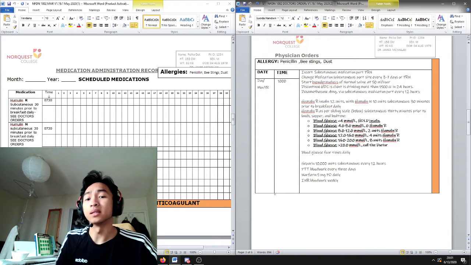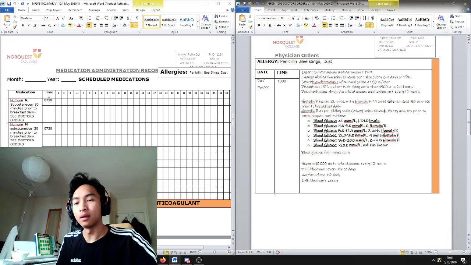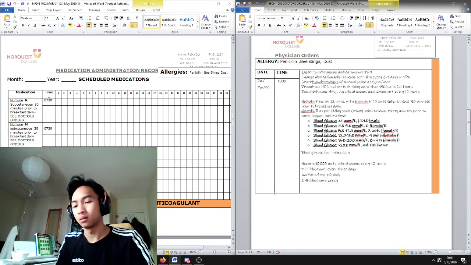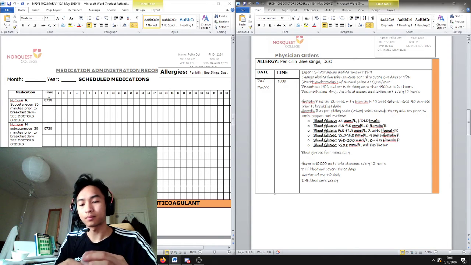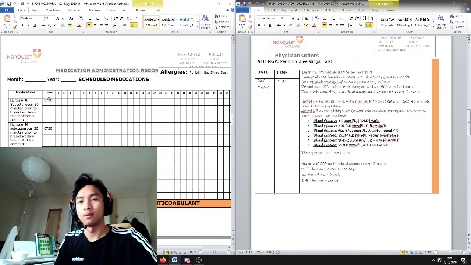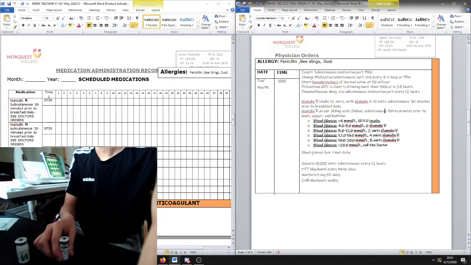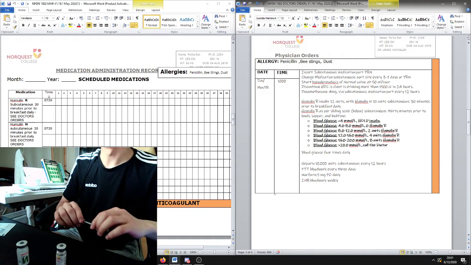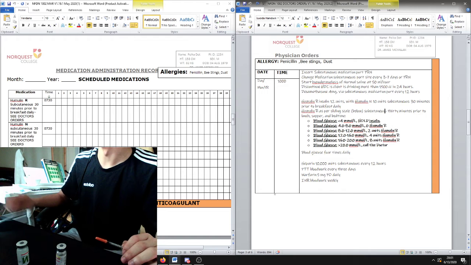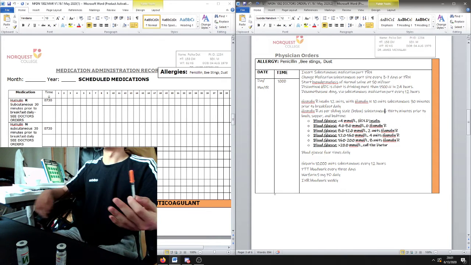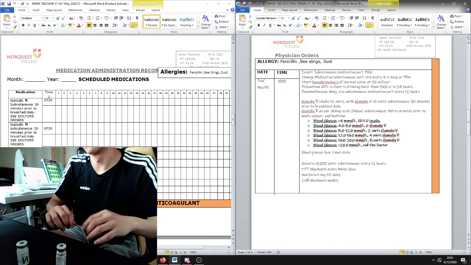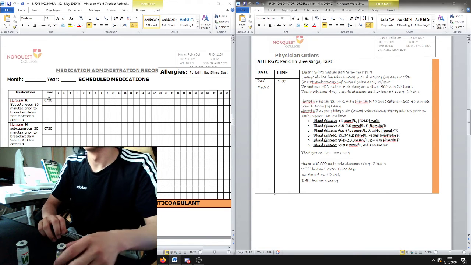Next, for my second check, I would clean both vials. Next, a coworker will be witnessing me in pouring the medication and will be co-signing it and will double check if the medications are correct.